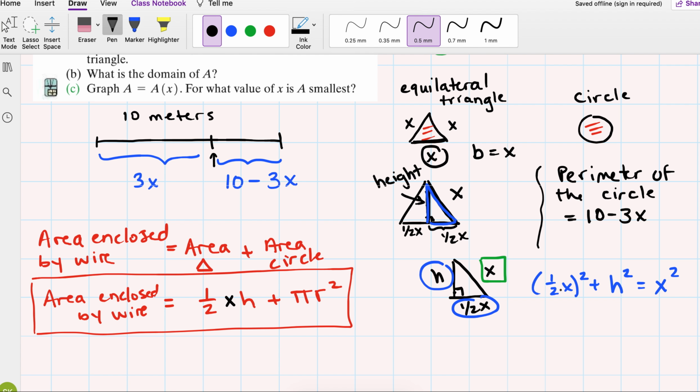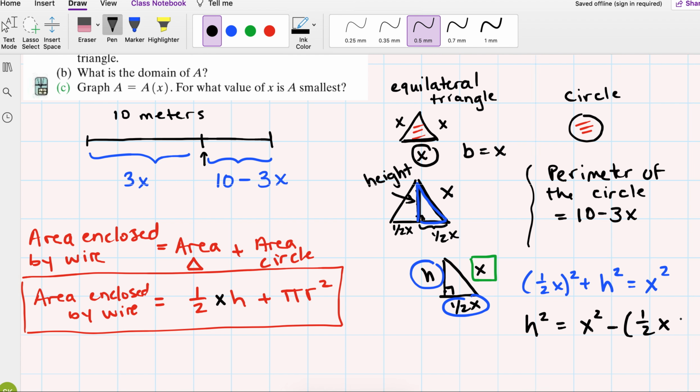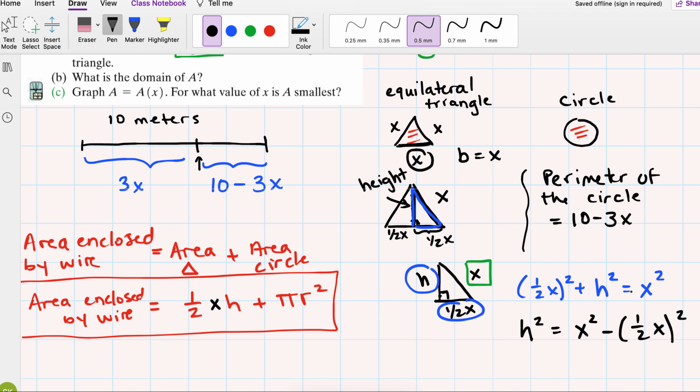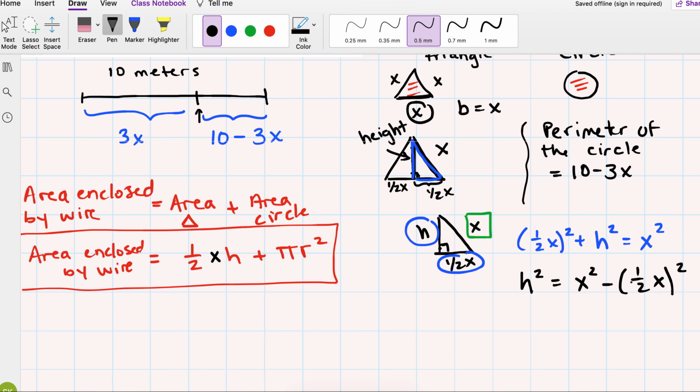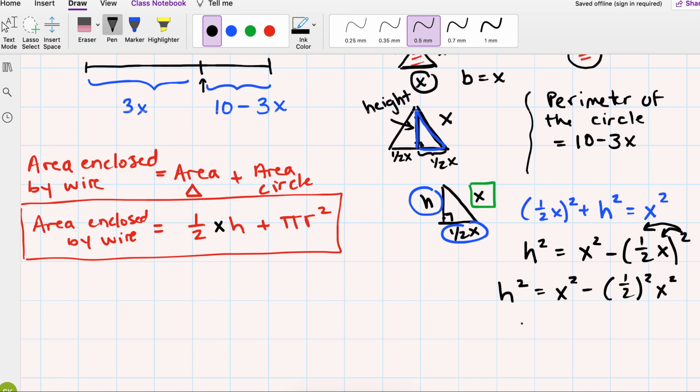So I'm going to move this 1/2 x squared to the other side, and I get that h squared is equal to x squared minus 1/2 x squared, just like that. Solving for this one by moving that one to the other side. I'm going to clean this up a little bit. This is h squared is x squared minus, now this 2 is going to be distributed to both, so this is 1/2 squared x squared, or in other words, h squared is equal to x squared minus 1/4 x squared.